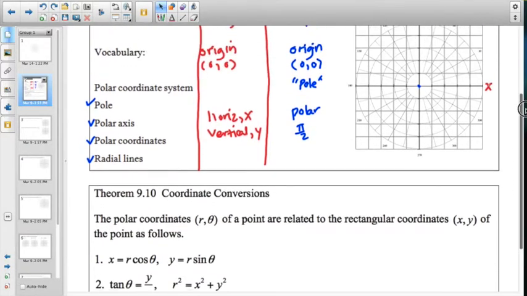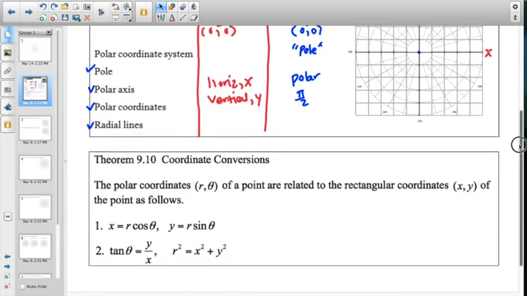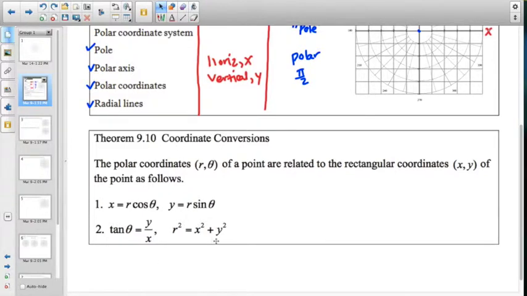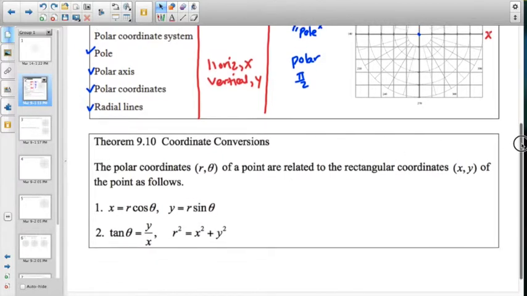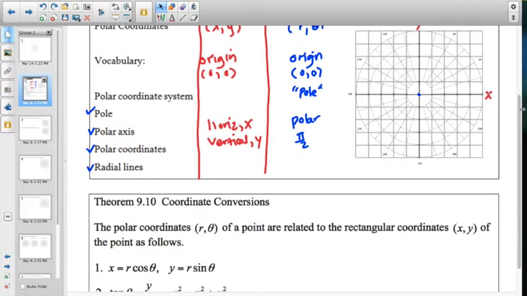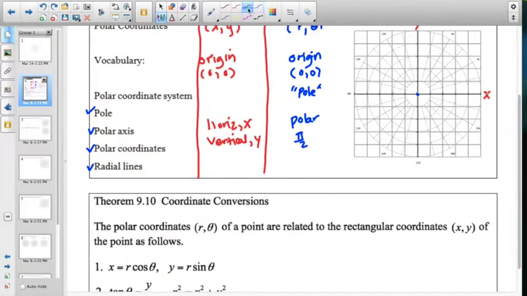To convert from Cartesian to polar, we need to remember a few trigonometric identities. So for instance, if we come back up here to the polar graph and pick any point, say over 1, 2, 3, up 1, 2. So there's a point on the Cartesian plane, 3, 2. On the polar plane, what are those polar coordinates?